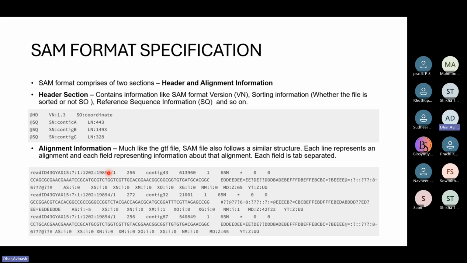Any guesses? File location or something. Not exactly. Any more guesses? They're similar to the first line of FastQ. Perfect. So this would tell me which read is being aligned against the reference here. This would be the first line of my FastQ file, that would tell me that we are talking about this particular read.